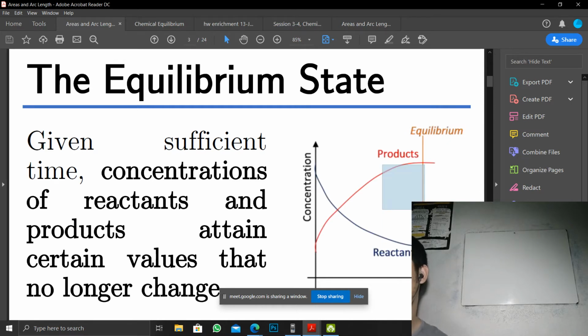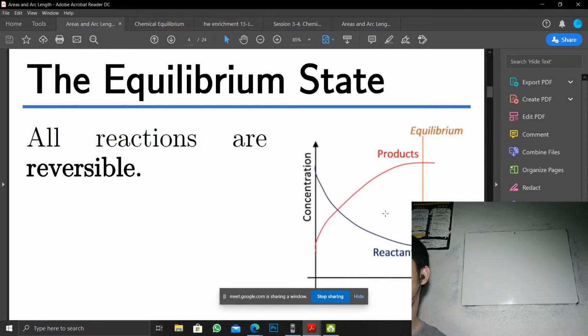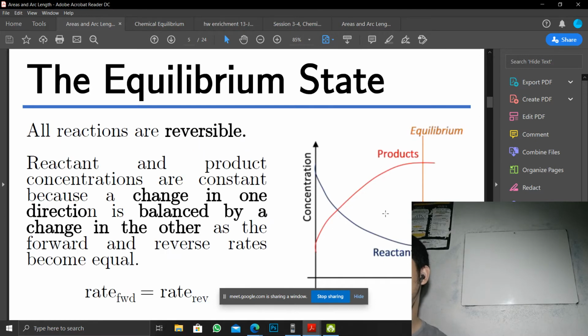Ayan, so pareho na lang. Yung constant na siya, di na siya nagbabago. All reactions are reversible, na-establish natin yon. And yun nga, another definition of equilibrium, rate forward equals rate reverse ng mga reaction natin.